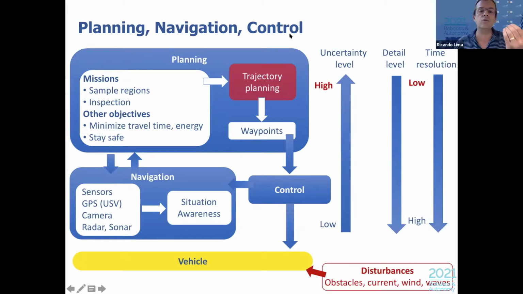When you go more to the control area, you have less uncertainty, more level of detail of the vehicle, and a smaller time step. But in our case, we are working at the level of trajectory planning.